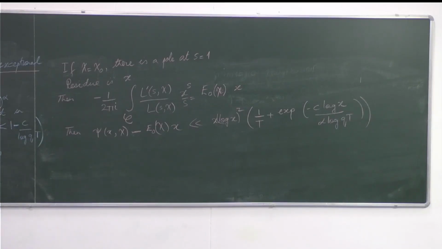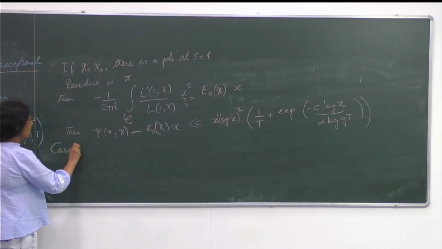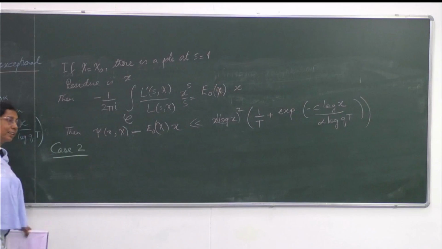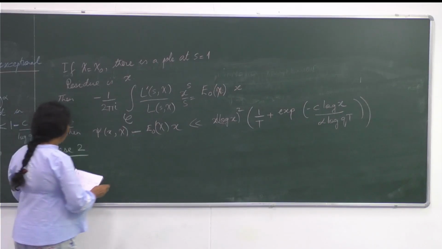The second case now will be when an exceptional 0 exists. This is my case 2. Exceptional 0 is the Siegel 0.